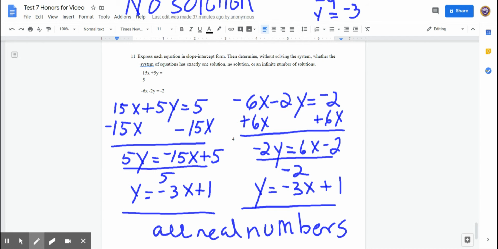So those are the three scenarios you would have had. Different slopes, one solution. Same slope, same intercept, all real numbers. Same slope, different y-intercepts, parallel lines, no solution.